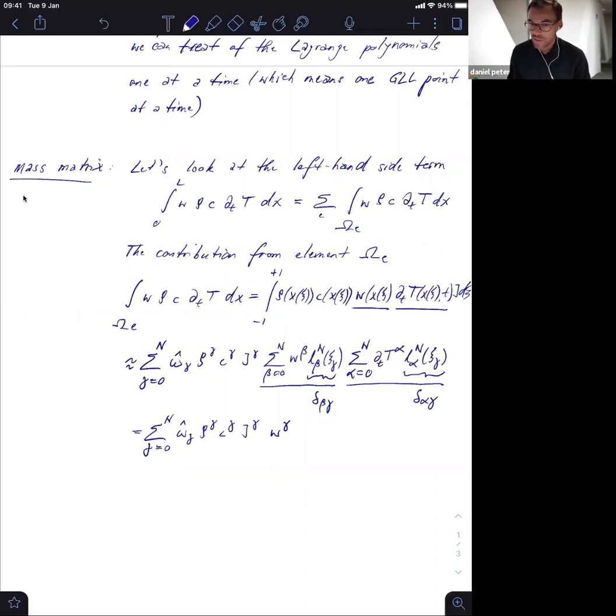Only if alpha is equal to gamma, then we have this non-zero term times L gamma at psi gamma, which is equal to 1. So we don't need to write these times 1.